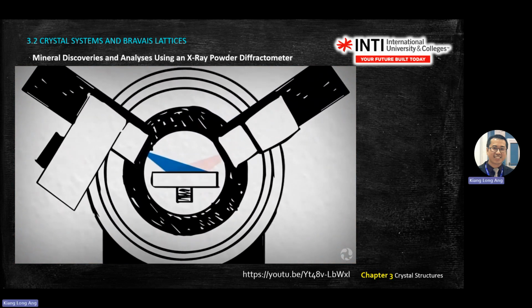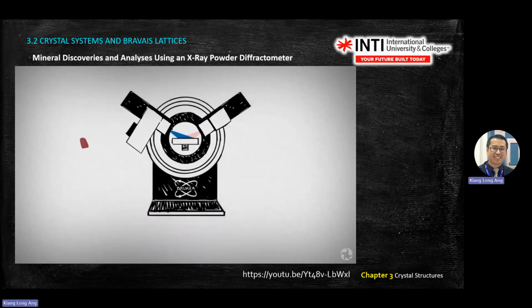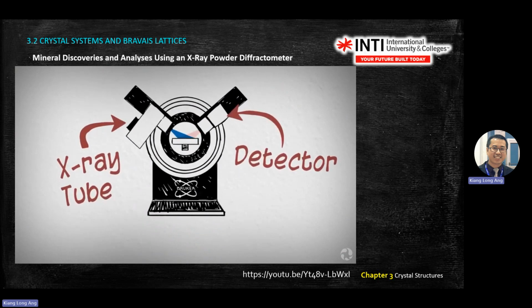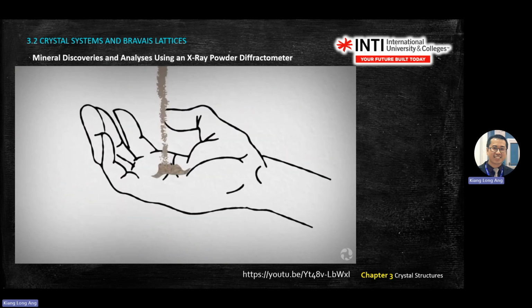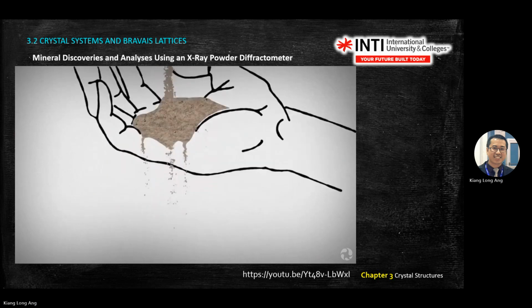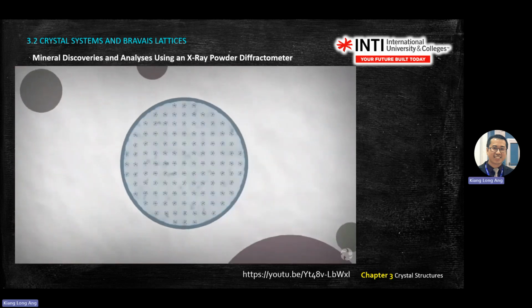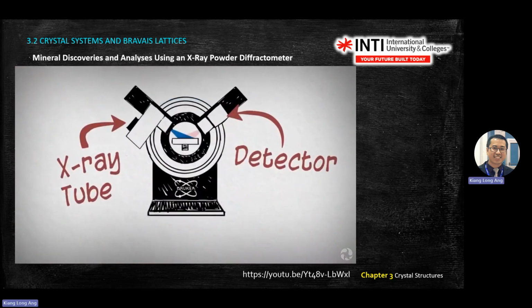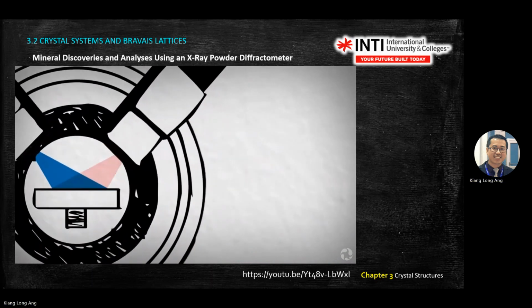So there is a reflector and receiver here. Okay, this one shoots, and then this one receives. So by the angle of the reflection, they can calculate the length of the unit cell.